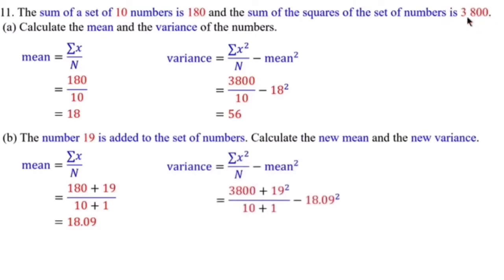The variance is also affected. We take the original sum of data squared, 3800 plus 19 squared, then the number of data also increased by 1, and minus the new mean squared. So now the answer is 51.02 for variance. Alright, so please do it carefully.